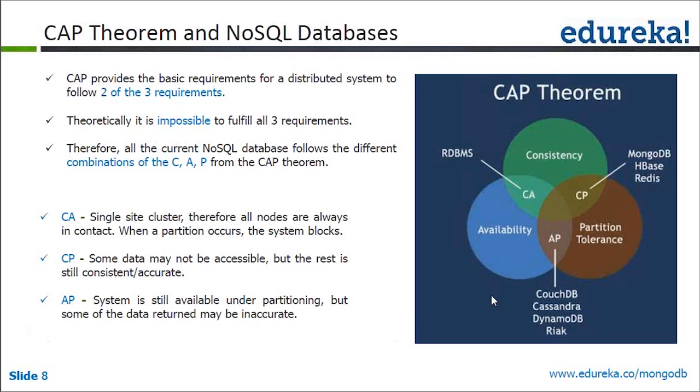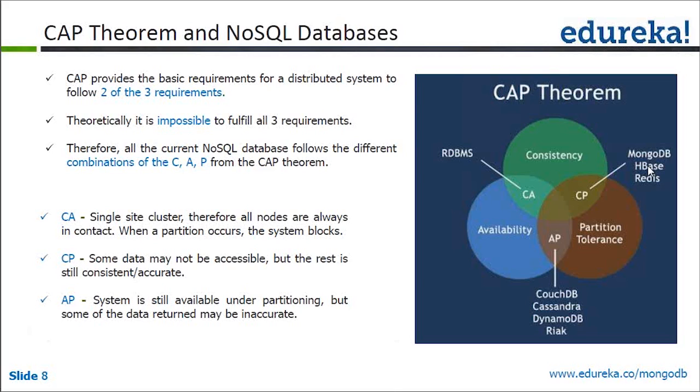Once again, the CAP theorem says that when you design a distributed architecture, at no point of time can you achieve all three requirements: consistency, availability, and partition tolerance. You have to compromise on something. Take any technology, whether it is RDBMS, Cassandra, MongoDB, HDFS, you will see that there is some compromise somewhere. 100% of all these three might not be possible.